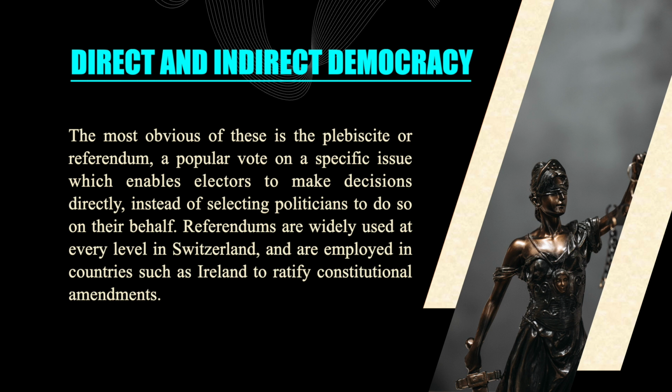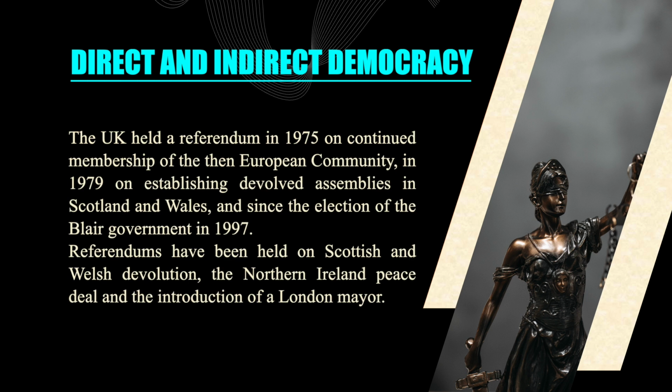Referendums are widely used at every level in Switzerland and are employed in countries such as Ireland to ratify constitutional amendments. The UK held a referendum in 1975 on continued membership of the then European Community.